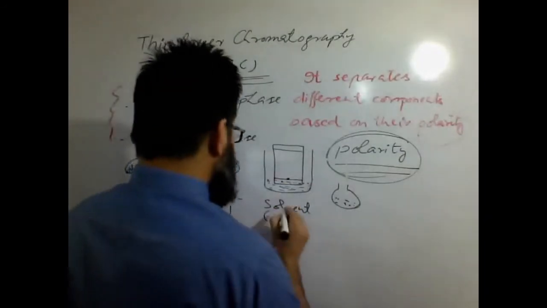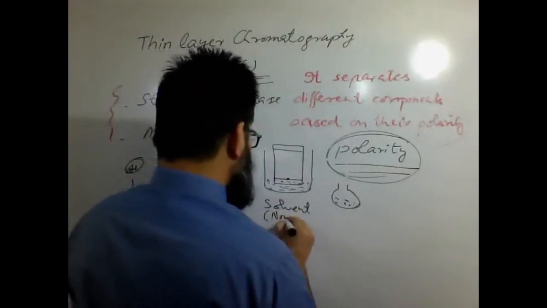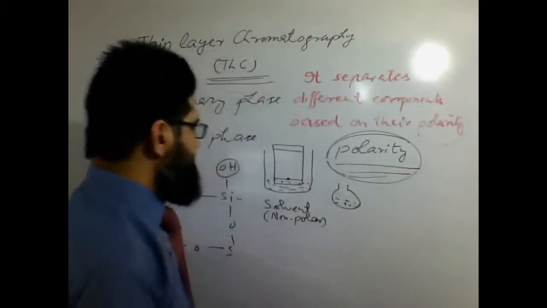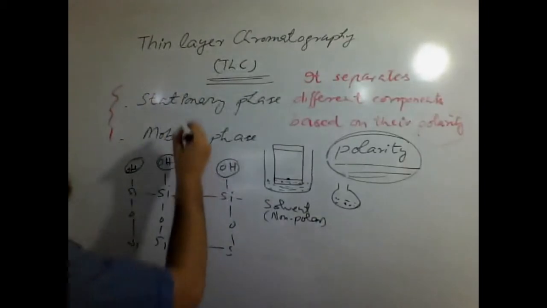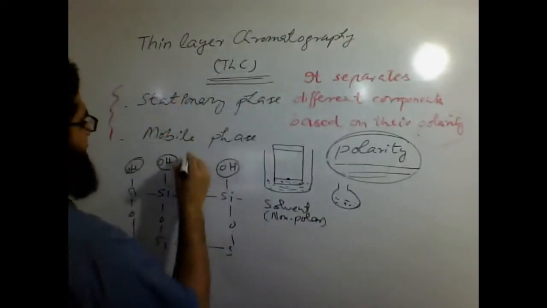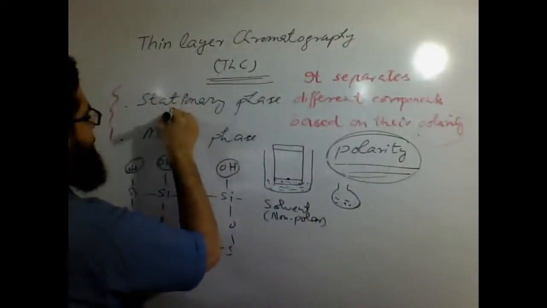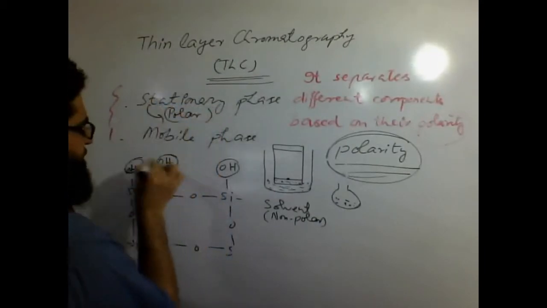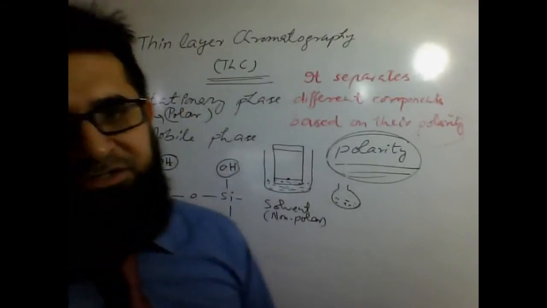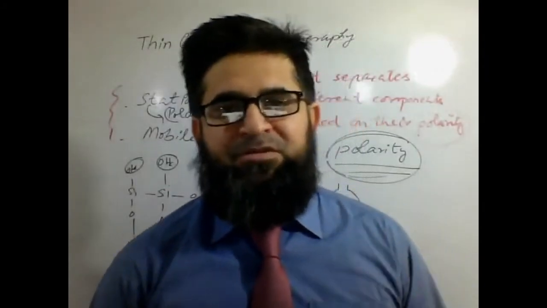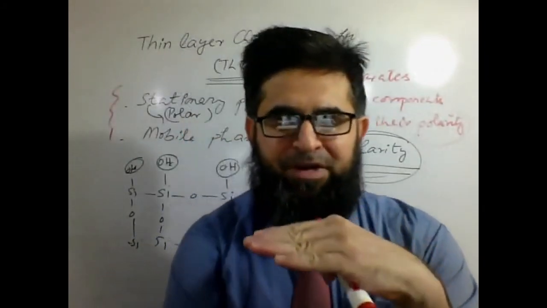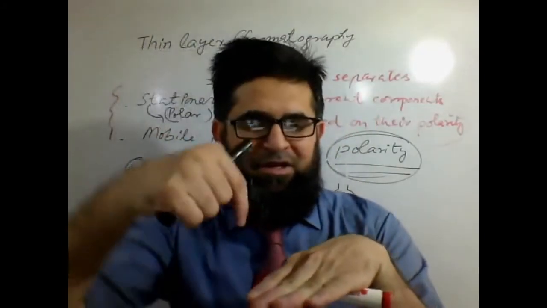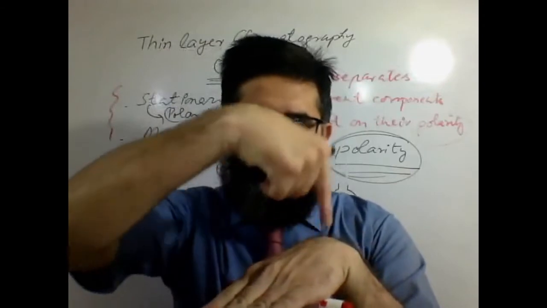Generally, they are non-polar solvents. Why are they non-polar? Because the stationary phase is already polar due to the presence of these hydroxyl groups on the surface. As I've explained, the surface of the plate is coated with silica, and the silica's hydroxyls are pointed upwards from the sheet.